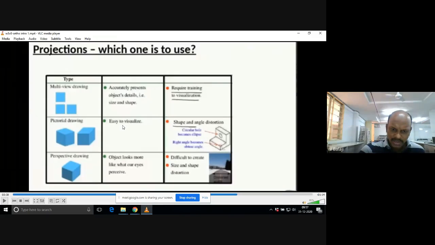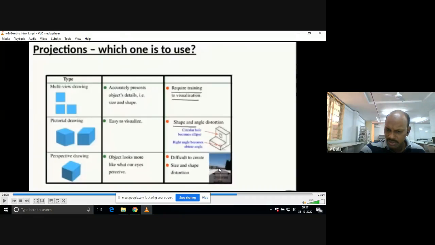Pictorial drawing is easy to visualize. Here one more comment is shape and angle distortion. In perspective drawing, the object looks more like what our eyes perceive. Okay, here you can see.